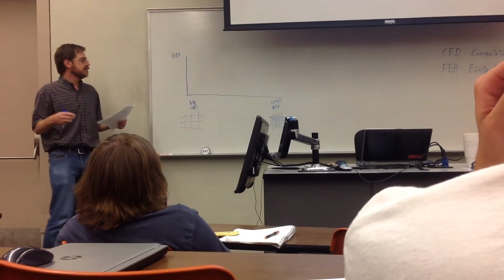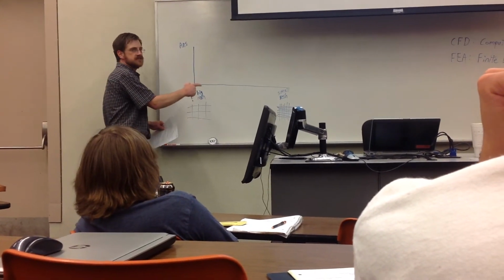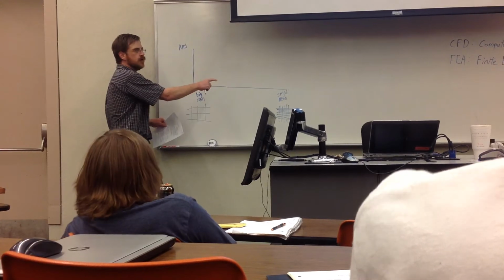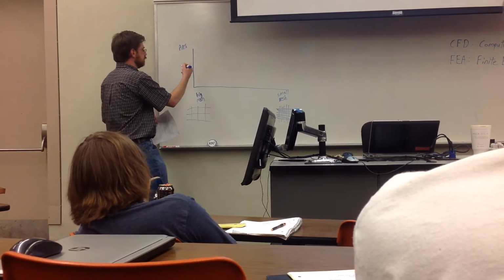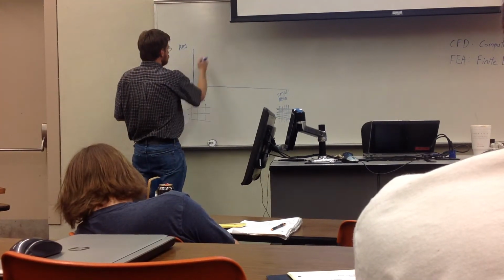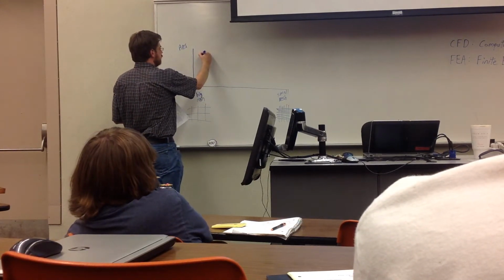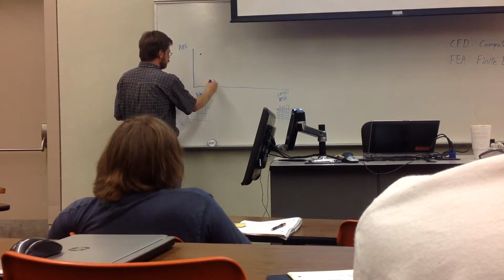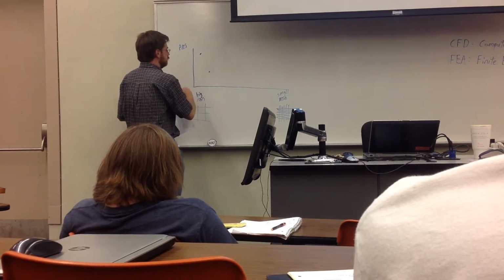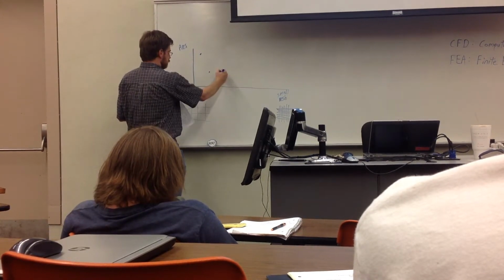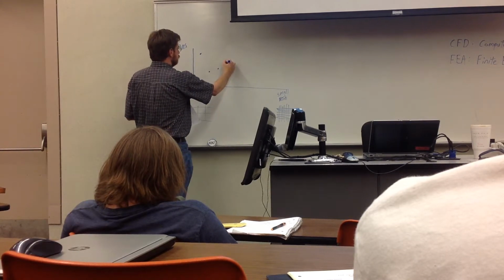So if we run our analysis over and over with different mesh sizes, ranging from big to small, what we would find is our answer would change depending on the mesh size. The first time we run it with a coarse mesh, we might get an answer up here. Then we run it with a smaller mesh, maybe we get an answer down here. And then a smaller mesh, we get an answer here, here.